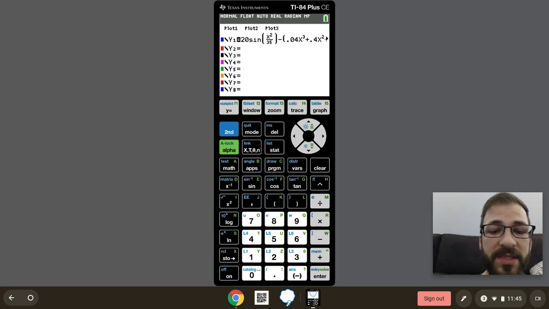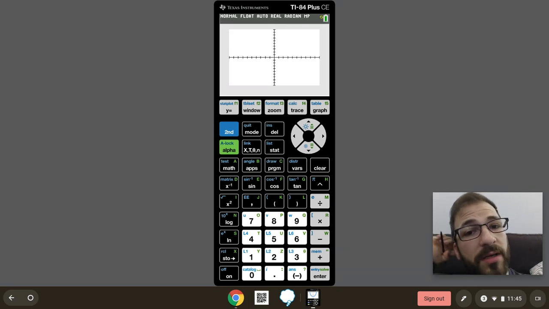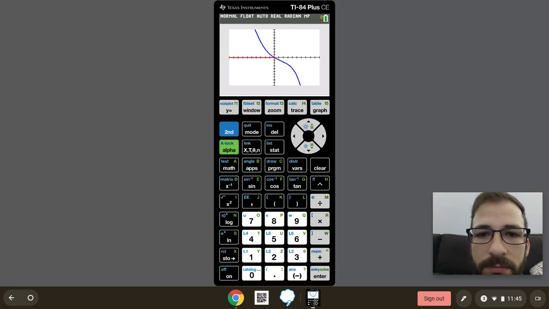And the other one I'm going to put in 0. So y1 I put the R of t minus D of t, y2 I'm putting in 0. We go to our graph. It's probably going to be a mess. Oh, it might not be too terrible. Oh, what did I mess up?